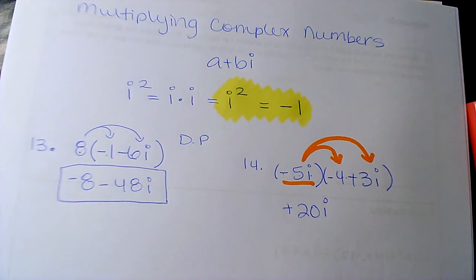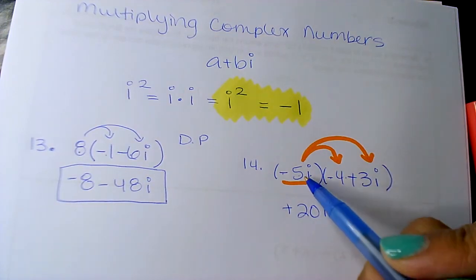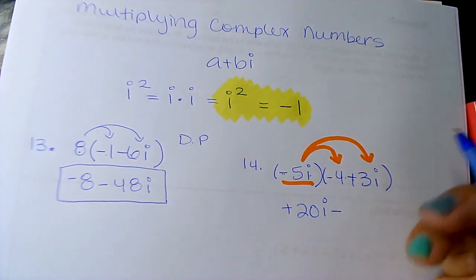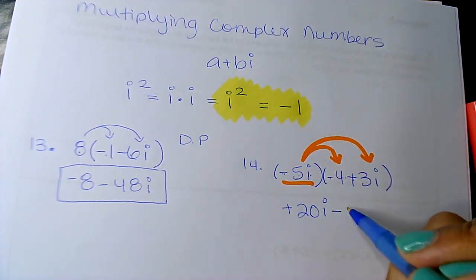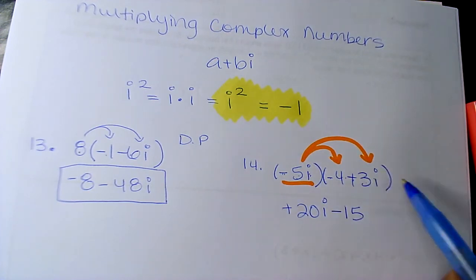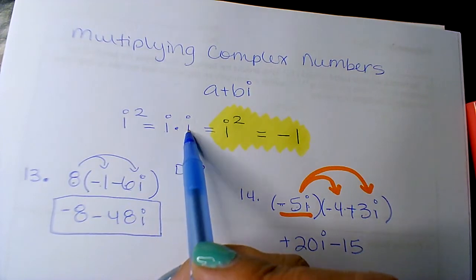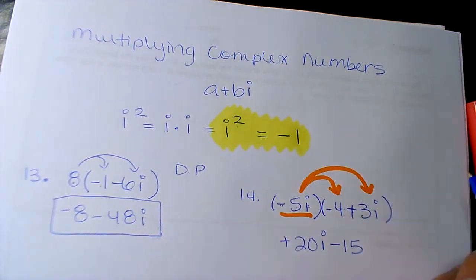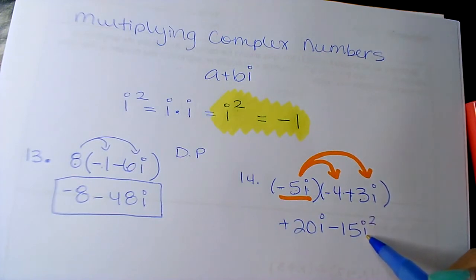So far, so good? Okay, next distribution, next multiplication. A negative times a positive is a negative. 5 times 3 is 15. i times i, you add, and so it becomes i squared.